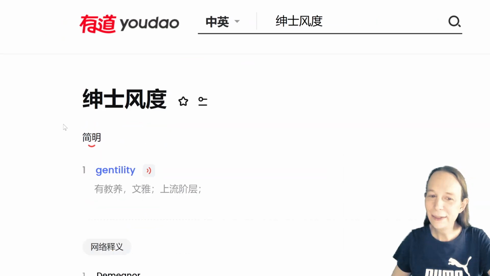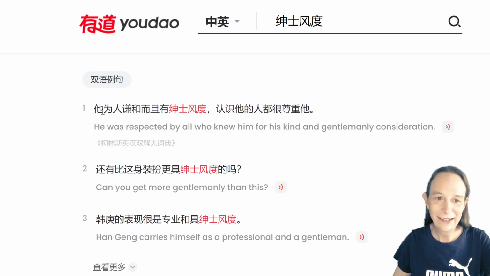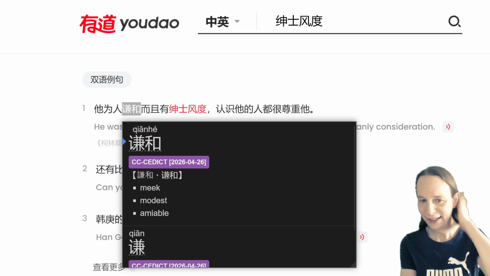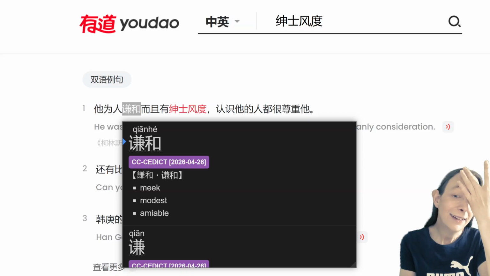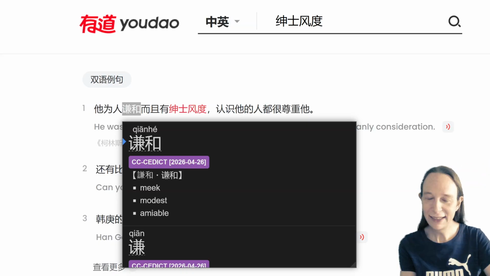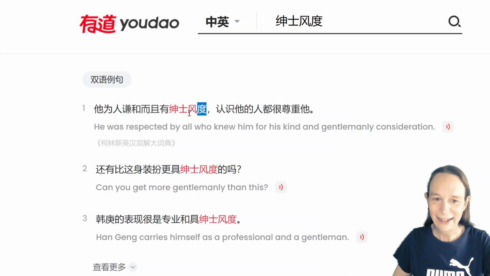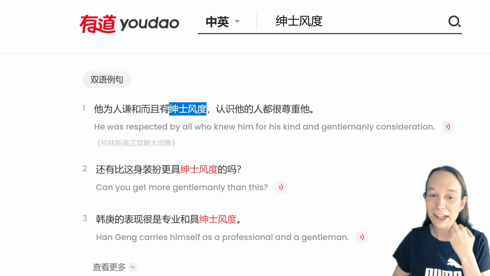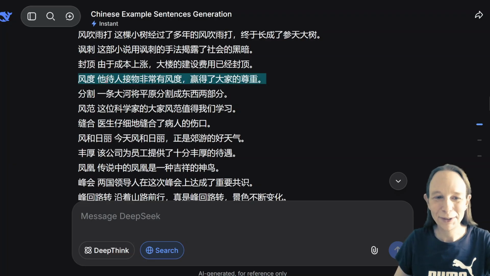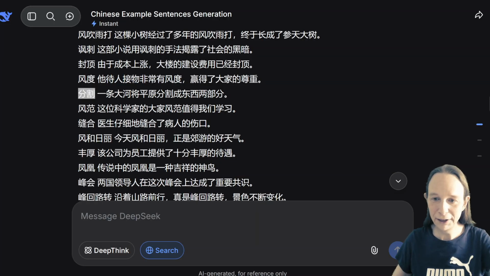A gentlemanly demeanor. 他为人谦和而且有绅士风度. So 谦和, is that a word? Modest, is it? I feel like I know this word. Maybe it's like 谦虚和和气 mushed into a single word. And has a gentlemanly demeanor. All right. 风度. Abstract.